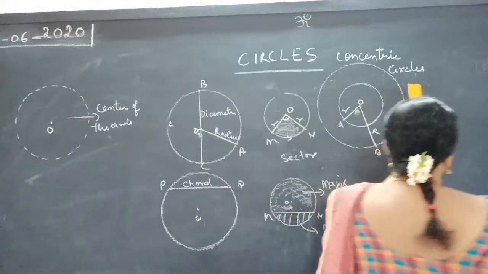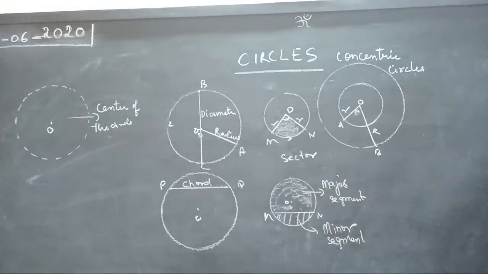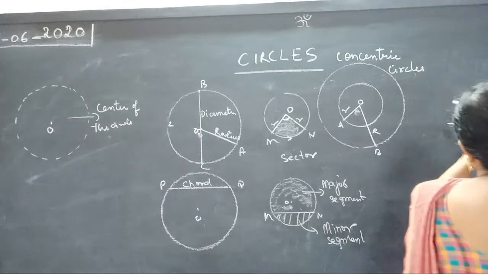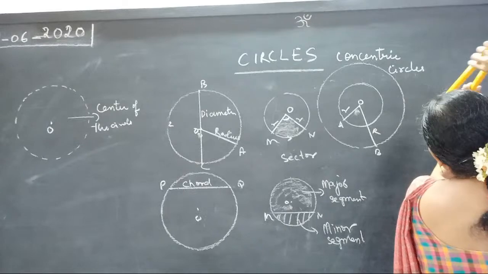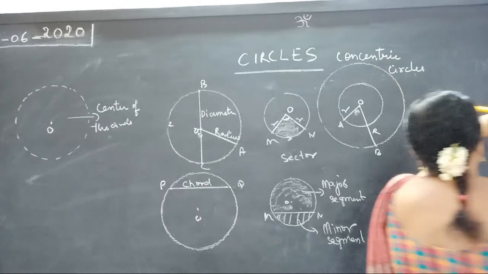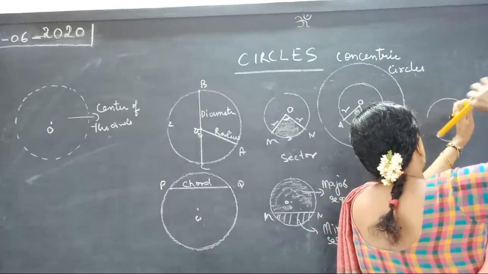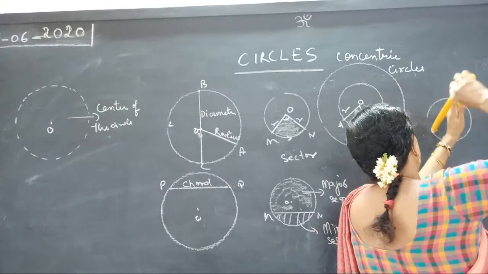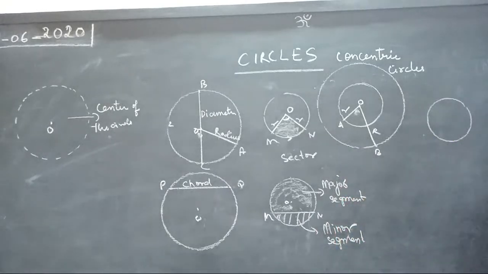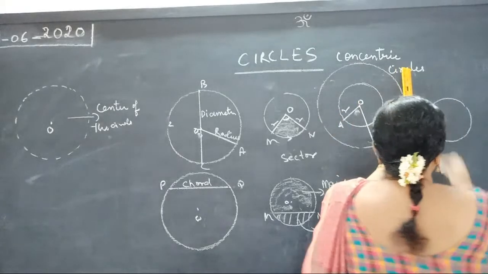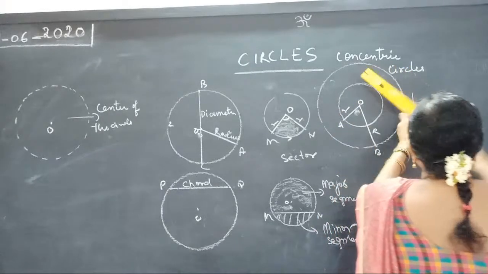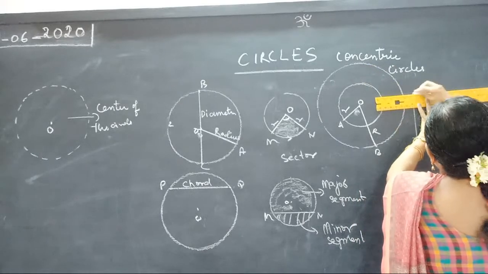Next, I will draw a figure. So the circle divides the plane into three regions.